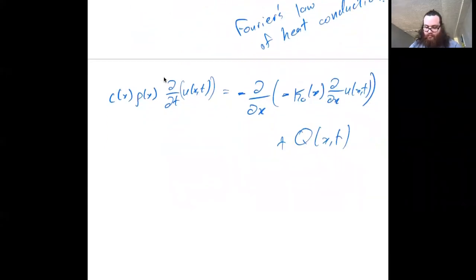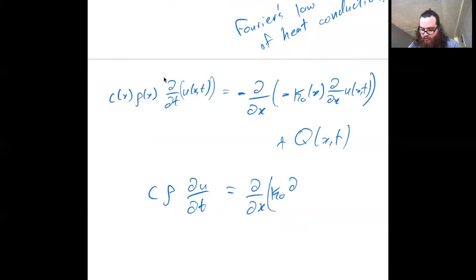So we can make one simplifying assumption. Notice we have a minus and a minus here. With derivatives, you can pull scalars out, you can pull signs out. And so I'll write this without the arguments. du/dt is equal to d/dx of K0 du/dx plus q.